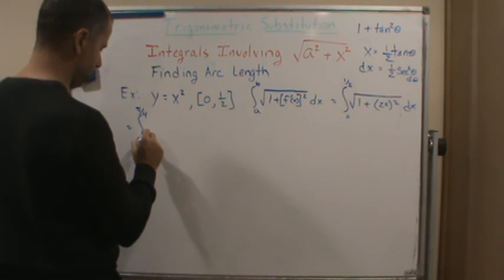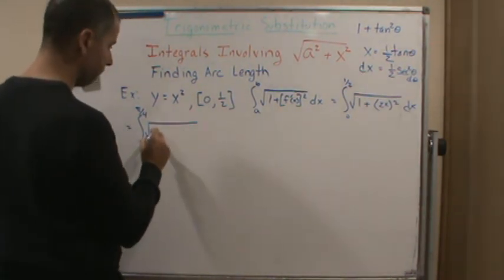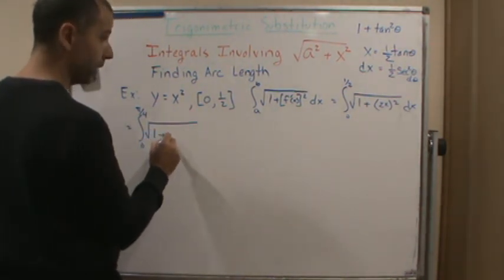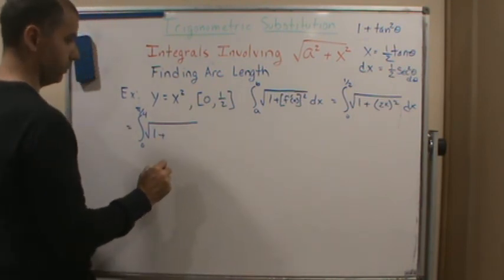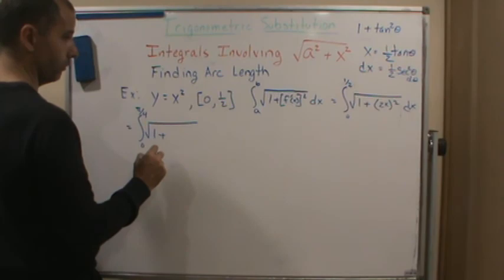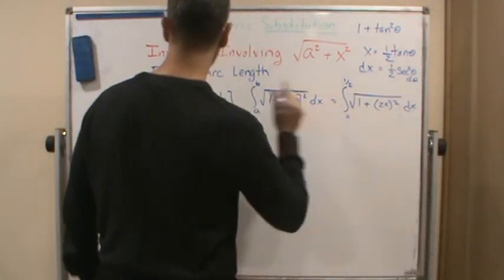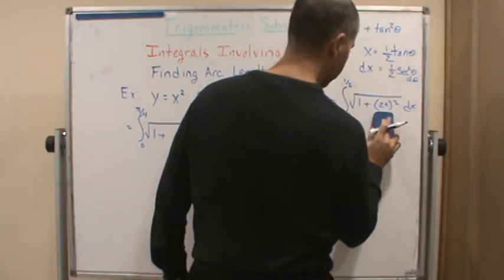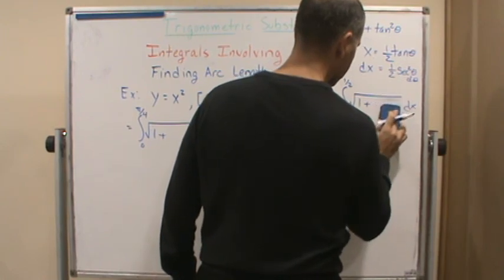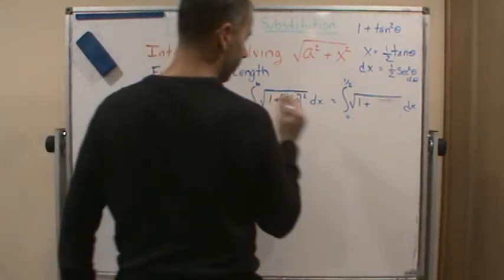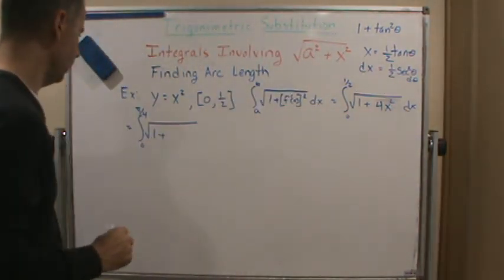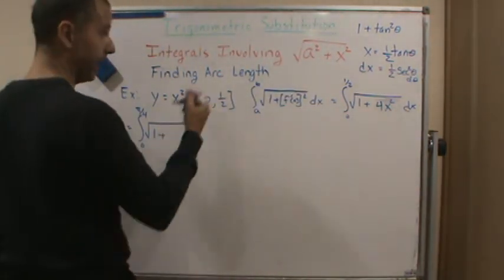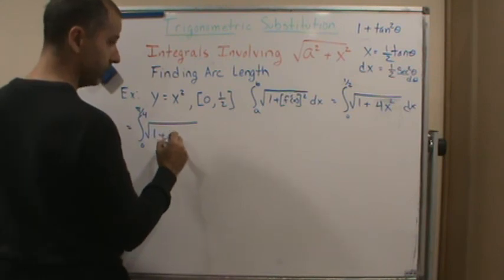Now let's do our substitution. 1 plus, well, this is going to be 4x squared, so let's change that. So now that we know what our substitution is going to be, let's simplify that. So this is going to be 4x squared, right? So now x is going to be 1/2 tangent theta, so let's see what happens.